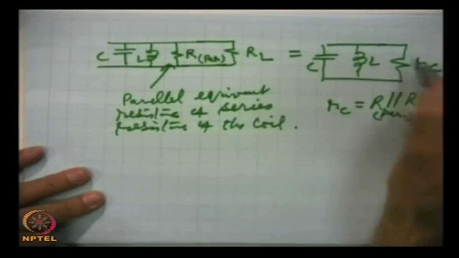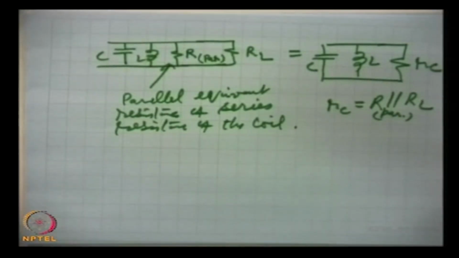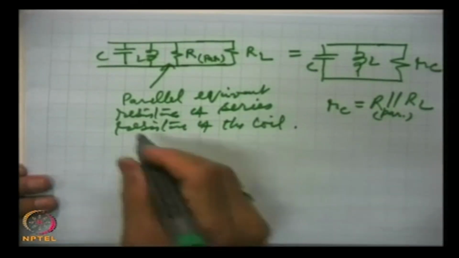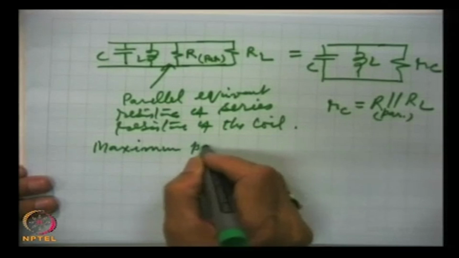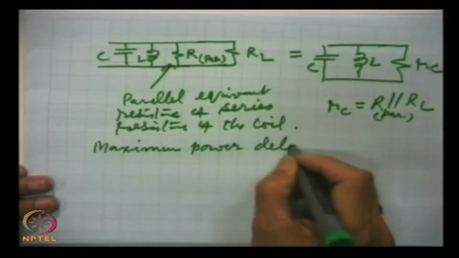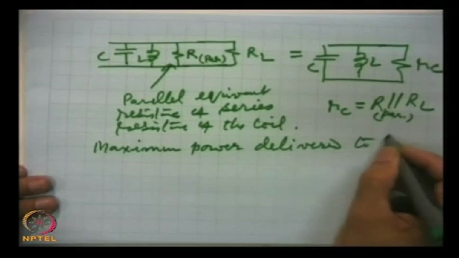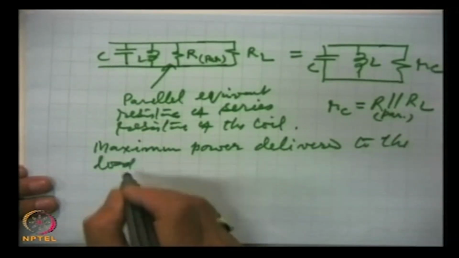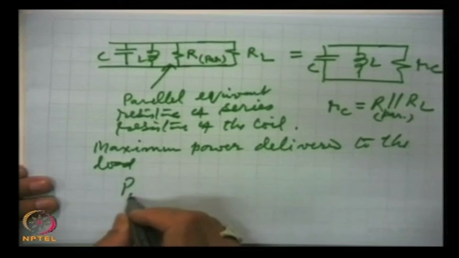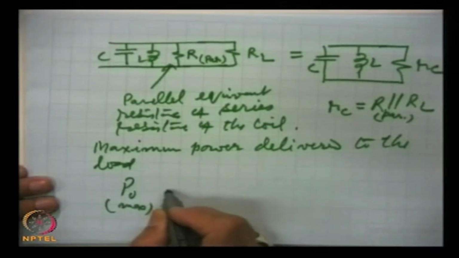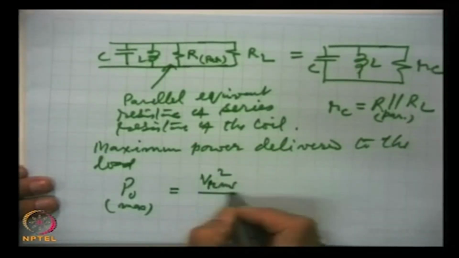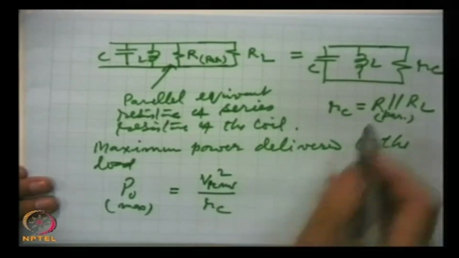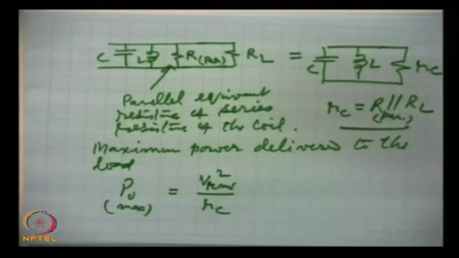So this is the AC equivalent, and the maximum power delivered to the load, PO max, is equal to V_RMS squared by RC, where RC is this effective value of the load.